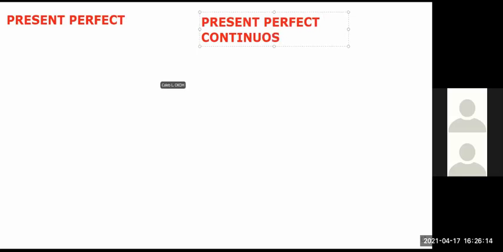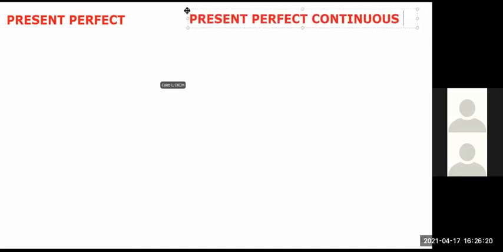But let me quickly give you a very simple example. What are the main uses of the present perfect continuous? Present perfect continuous is mainly used for something that happened in the past and it is still continuing in the present. Not just an effect, it is still continuing. So Zainab, take note of this. It's still continuing. Zainab, let me ask you a very simple question.